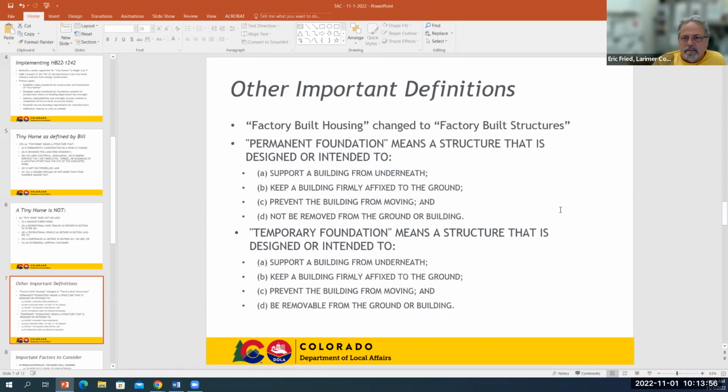But that part is still going to be probably permitted by the local jurisdiction and inspected, because that's where the line is. We'll look at the on-site stuff where there is local jurisdiction, and the state will look at the prefabricated stuff. Good stuff. Thank you, Eric.